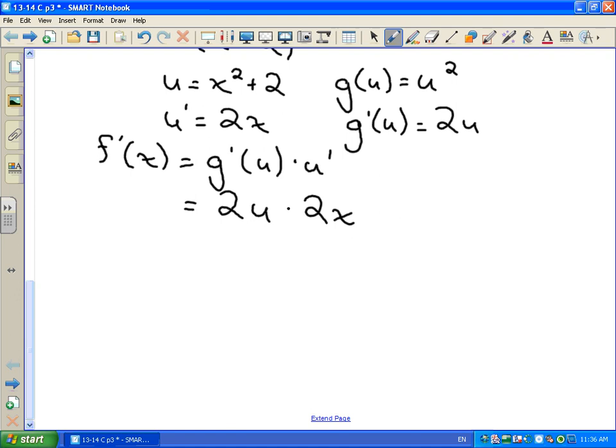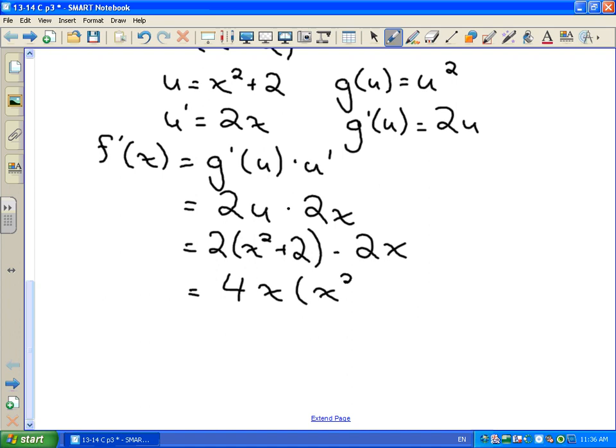And now let's sub in, because we want this to be a function of x. We want f primed at x. Let's sub in what we know u is. Well, u is x squared plus 2. So we get 2 times x squared plus 2 times 2x. Or if we just clean this up a bit, 4x times x squared plus 2.